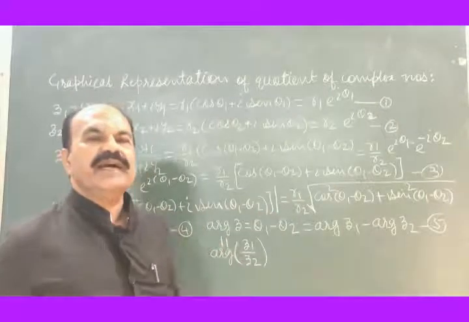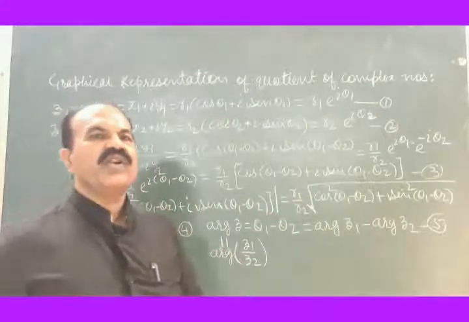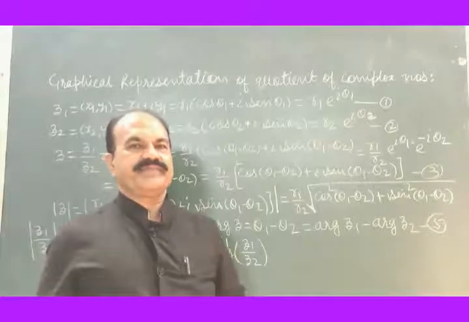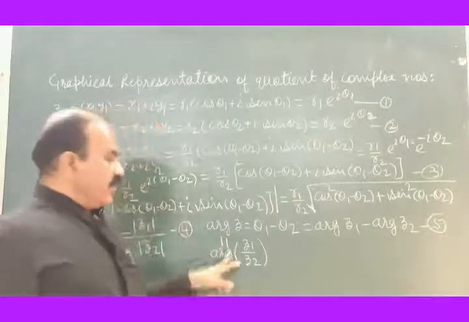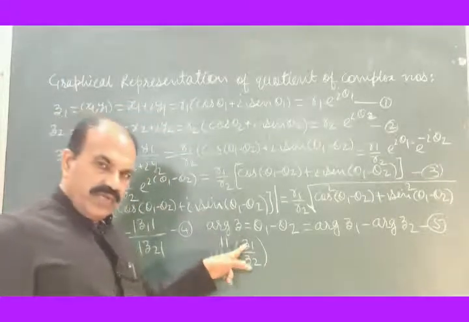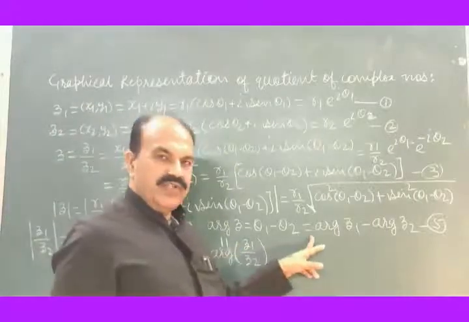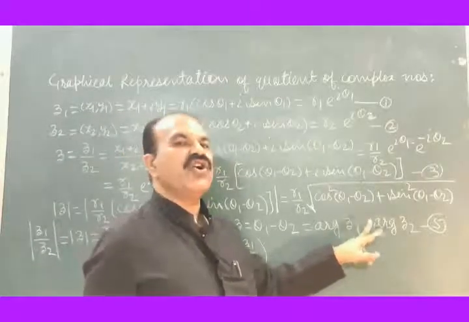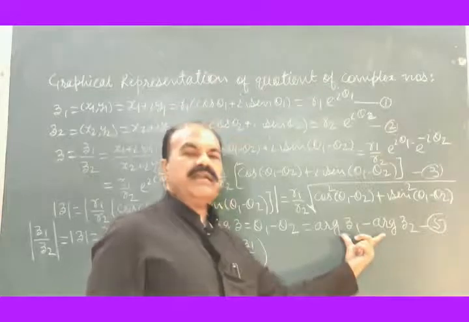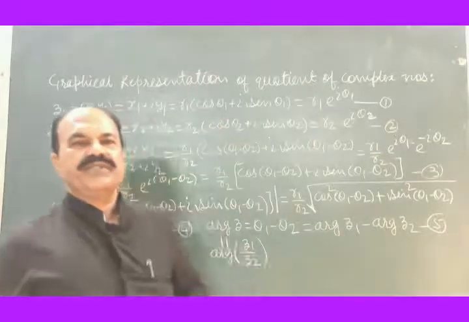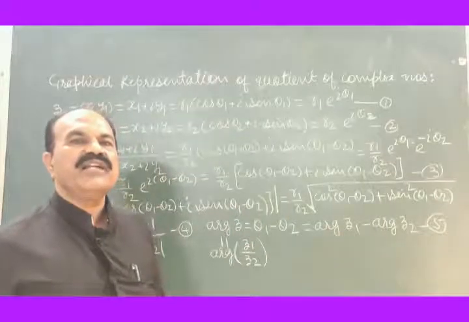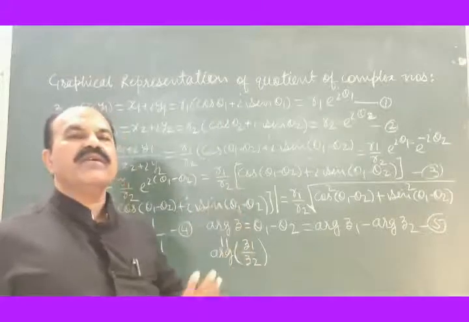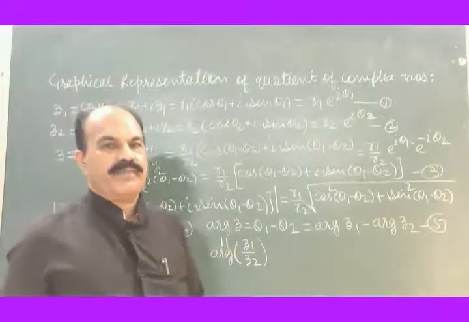From equation 5, the conclusion we can draw is that the argument of the quotient of two complex numbers is equal to the subtraction or difference of their arguments. So this is the conclusion that we can draw for the argument of the quotient of two complex numbers.